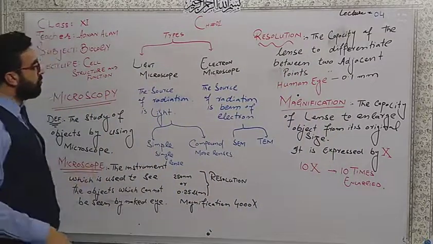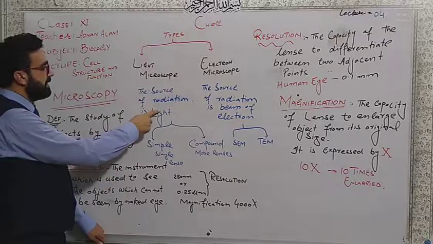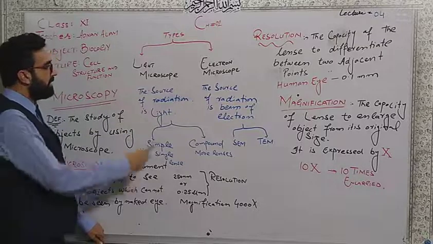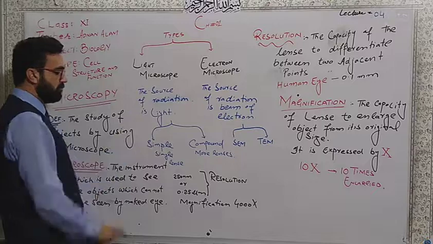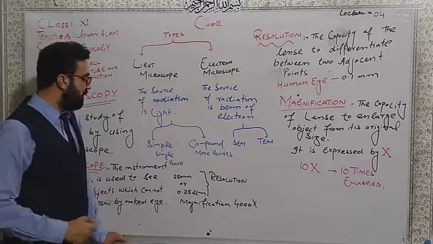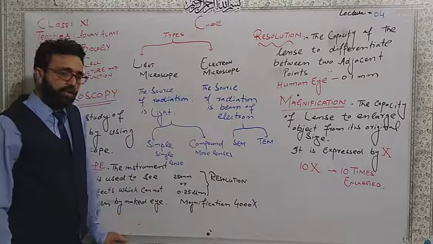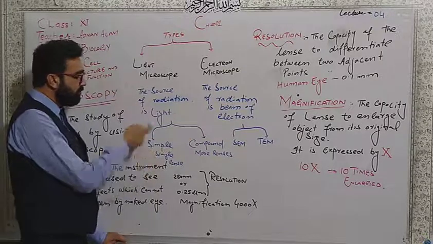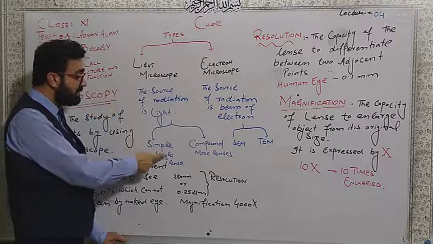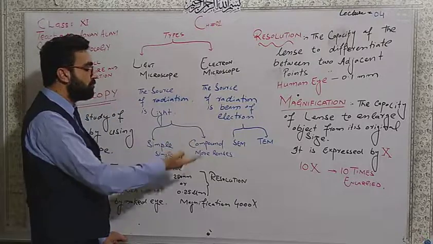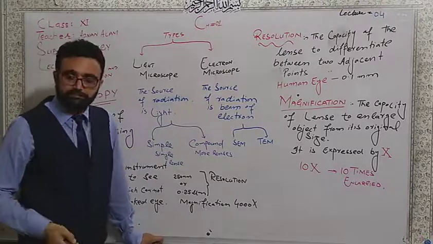Now, in the light microscope the source of radiation is light, and it usually has two types: the simple light microscope and the compound microscope. The simple microscope usually contains a single lens, and the compound microscope has more lenses.